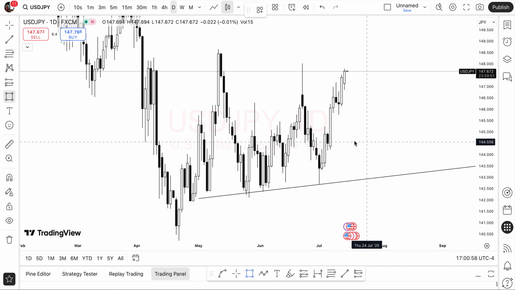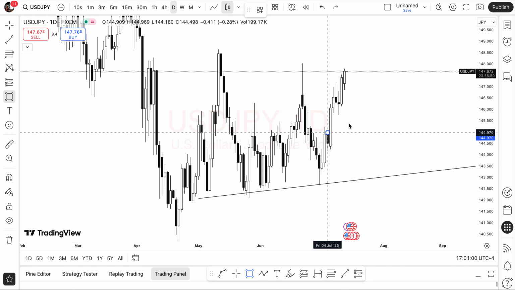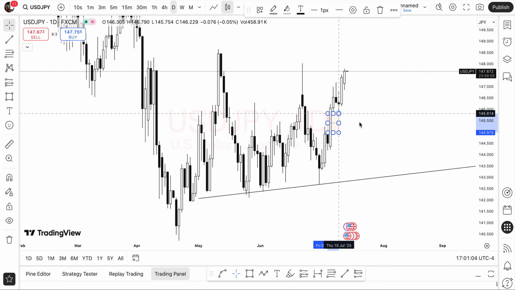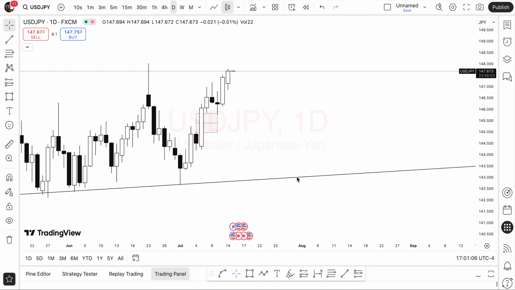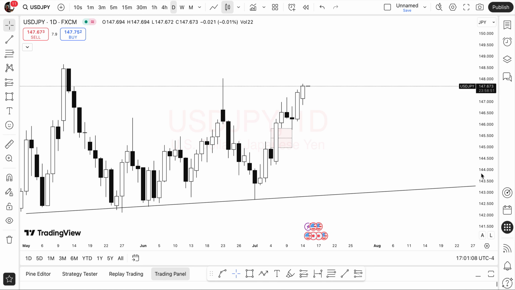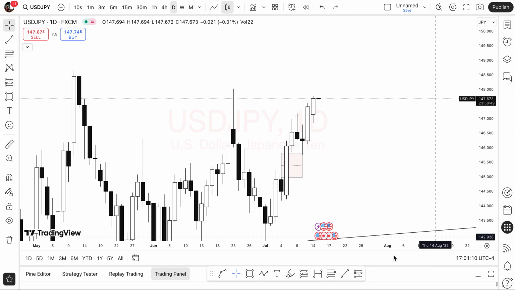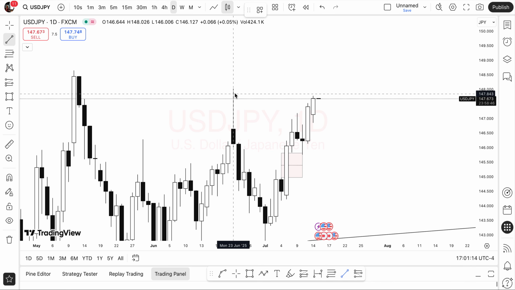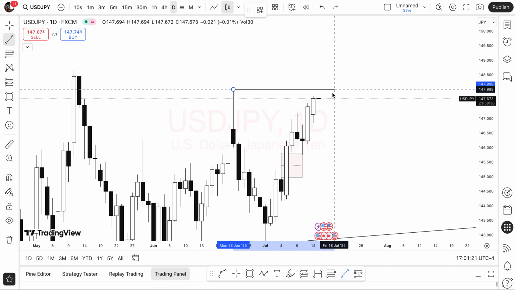On the daily time frame, we're having a fair value gap between this place and here. We are having a fair value gap here, and since we are going in an upward direction, we also have a recent high that the market is targeting.